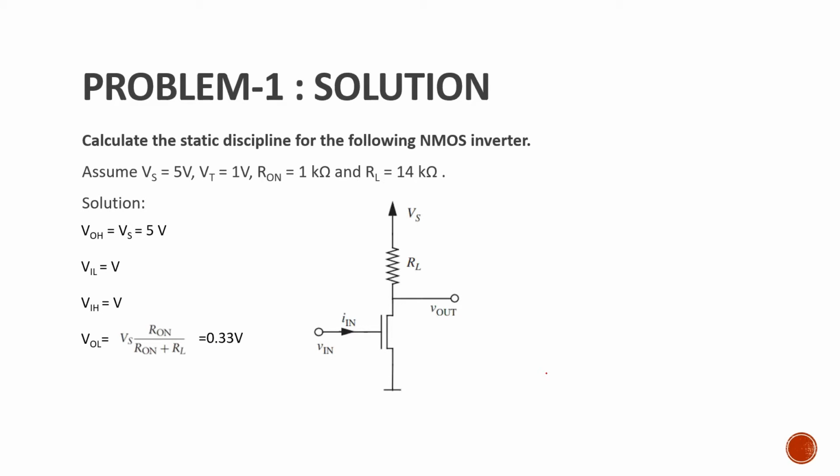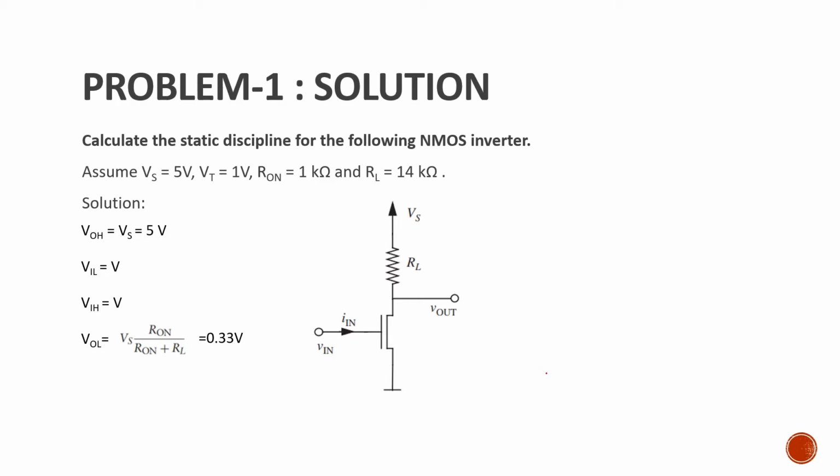The solution. VOH is 5 volts. VIL is VT minus, and VIH is VT plus, and VOL as well. It is R on by R on plus RL into VS. That is 0.33 volts. Yes, guys.